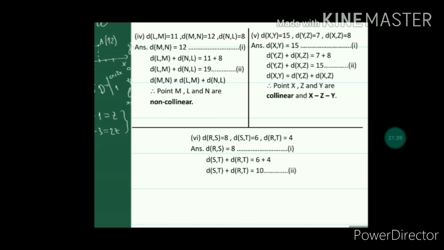Distance of ST plus distance of RT is equal to 10. Comparing 1 and 2, distance of RS is not equal to distance of ST plus distance of RT. Therefore, points R, T and S are non-collinear.